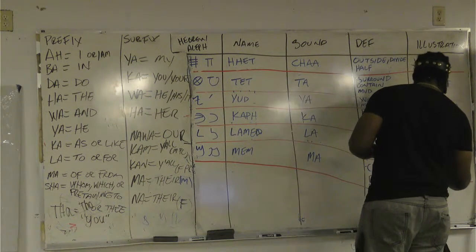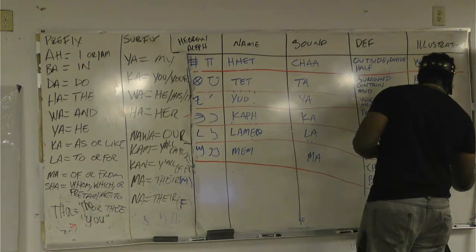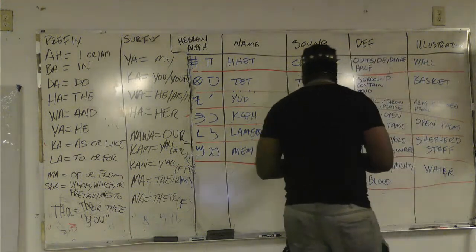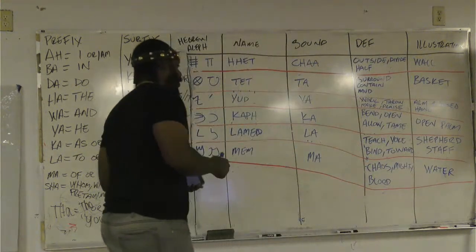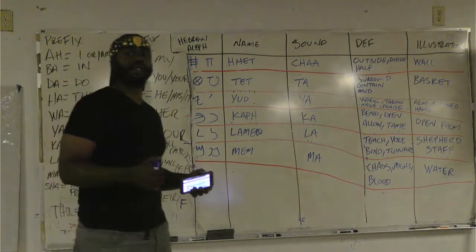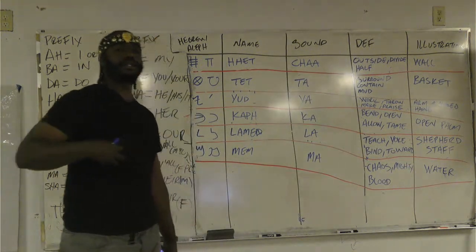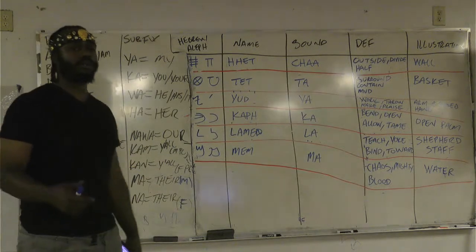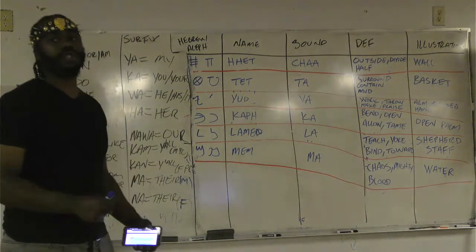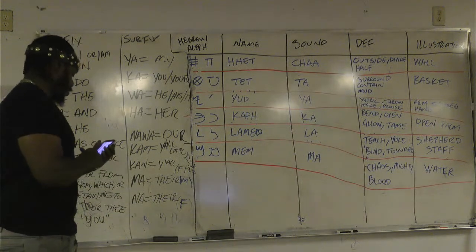I'm gonna show you how heavy this is. Water can be mighty, it can be calm. Then your blood in your body is made up of water. We as human beings are made up of 80% water.